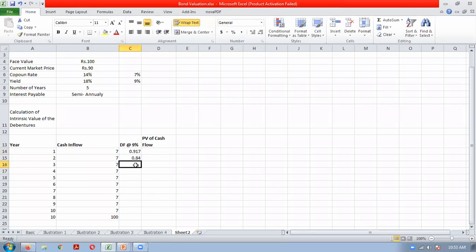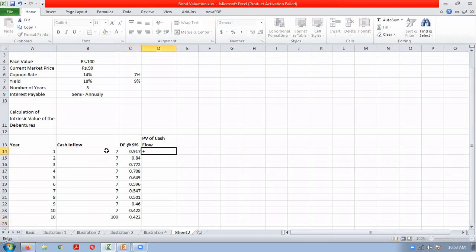Then again plus, equal to 0.772, 0.708, 0.649, 0.596, 0.547, 0.501, 0.460, 0.422. Again it will be 0.422 only.